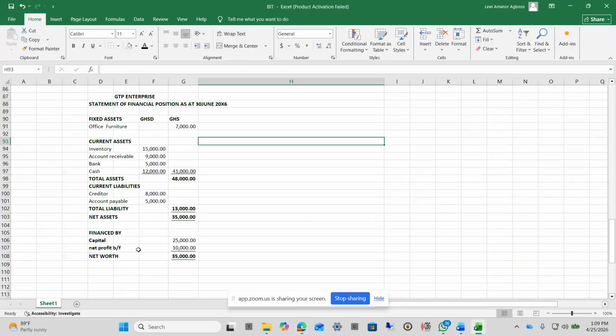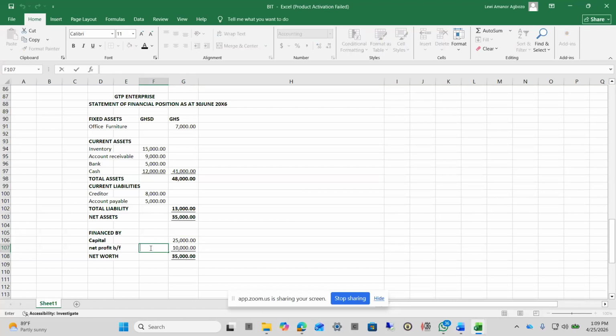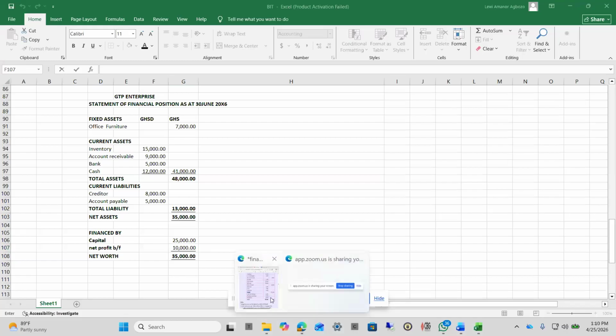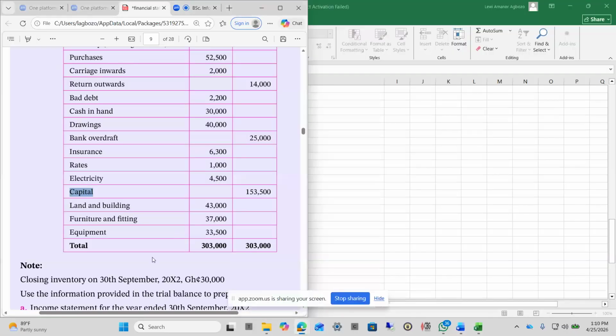When you set out the capital like we did here, instead of adding the net profit directly, you bring the net profit here, and then subtract the drawing from it. Drawing is the money the person took for his personal use. Then you get your total worth. Is that okay? So you try your hand on it and see.